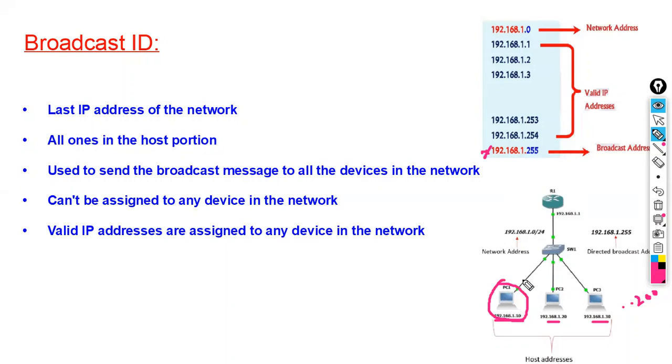So instead of sending one packet to each computer individually, it will send the packet to this broadcast address, the last IP address. This broadcast address will send the packet to all the devices in the network. So it is used to send the broadcast message to all the devices in the network, and it can't be assigned to any device.